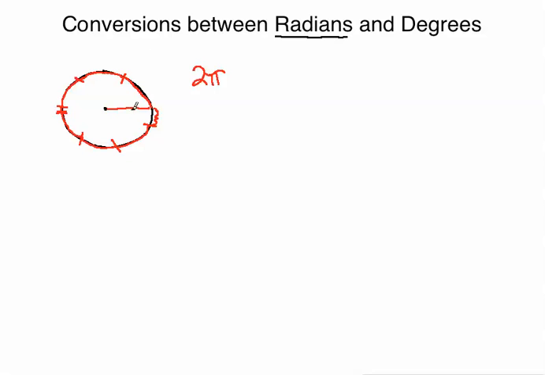So 2 pi, if we relate that to the number of degrees in a circle, 2 pi is equal to 360 degrees. 2 pi radians is equal to 360 degrees. So if we wanted to convert between radians and degrees, all you have to do is think about a proportion.